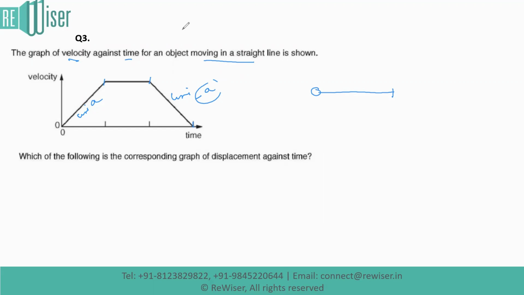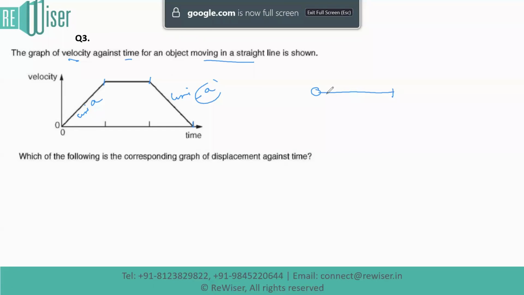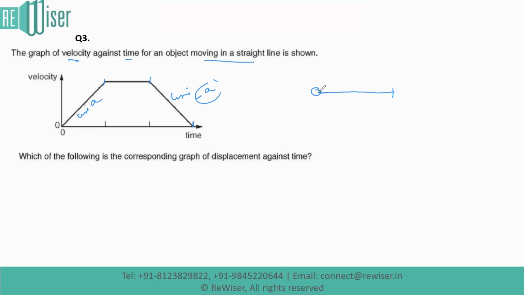Now they want us to find out a displacement versus time graph which justifies this motion. Okay, so what happened here, the object was moving in a straight line. For some time it was accelerating, and for a very brief moment of time it was decelerating again.